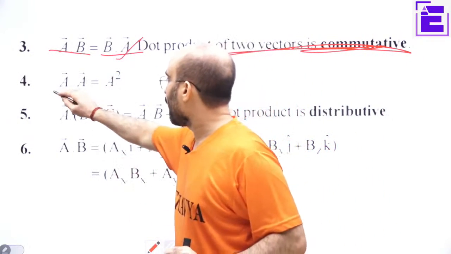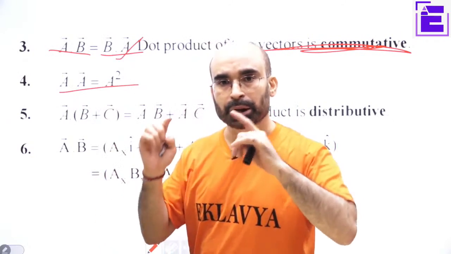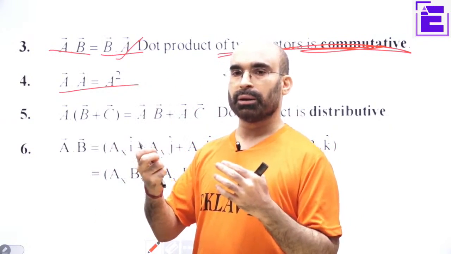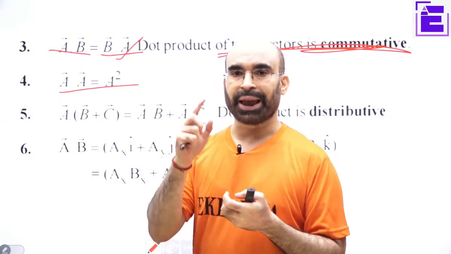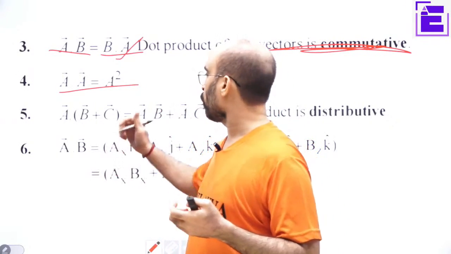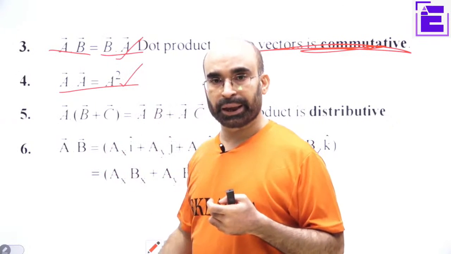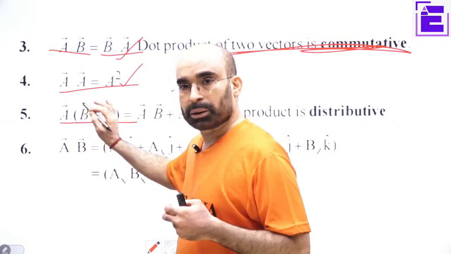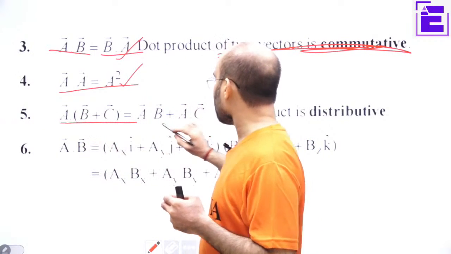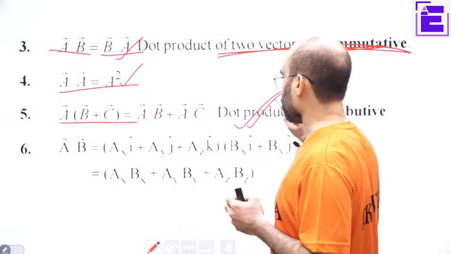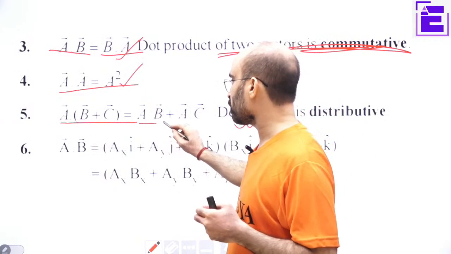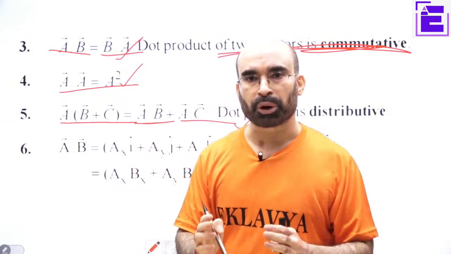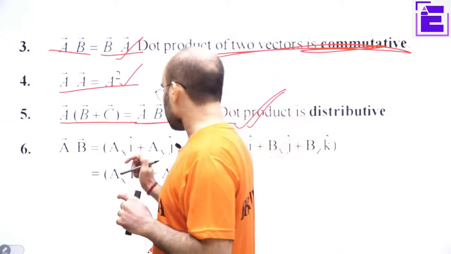Okay, next. A dot A will obviously be equal to A into A magnitudes, because A is making 0 degree with itself. So A dot A equals what? A square. Alright. Now A dot of B plus C. It follows the distributive property. Okay. Now one very important thing. Just have a look.